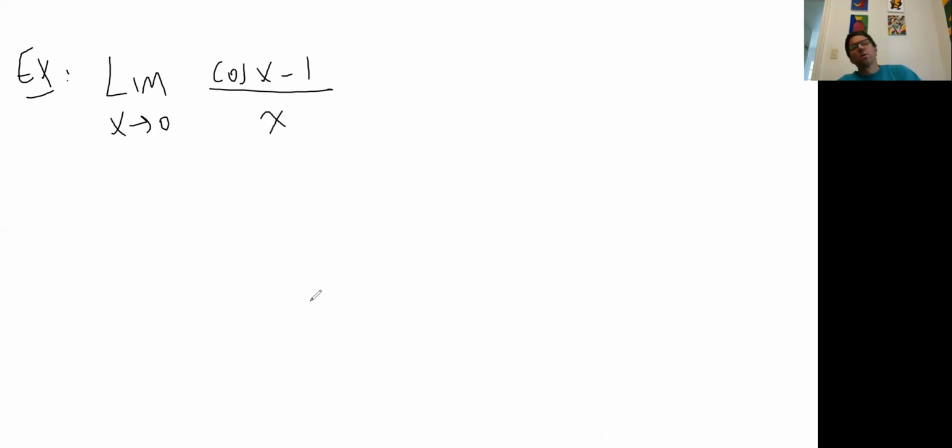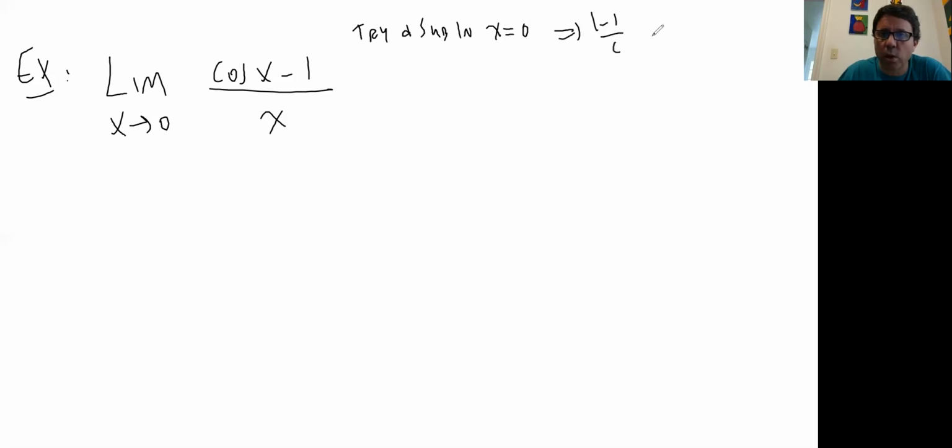So for the example we just did, the limit as x goes to 0 of cosine of x minus 1 over x. If we try and sub in x equals 0, this leads us to 1 minus 1 over 0, or 0 over 0.